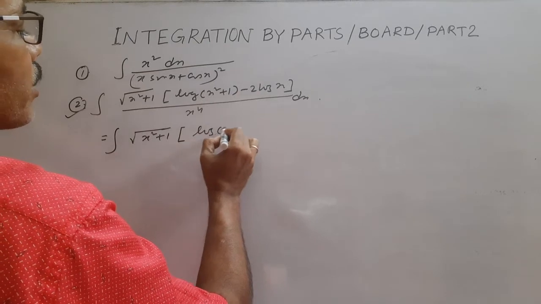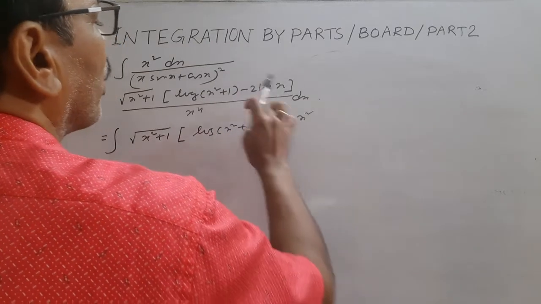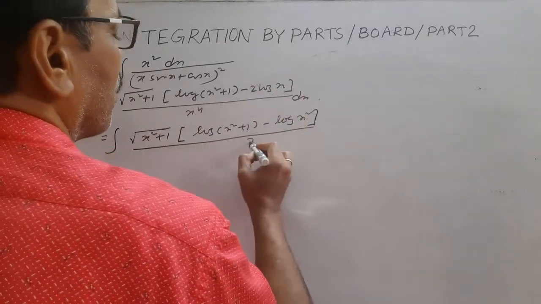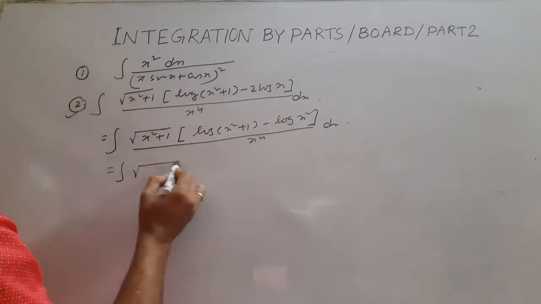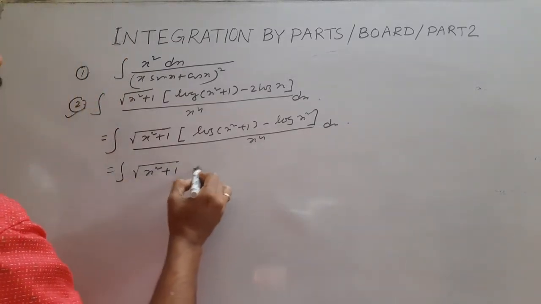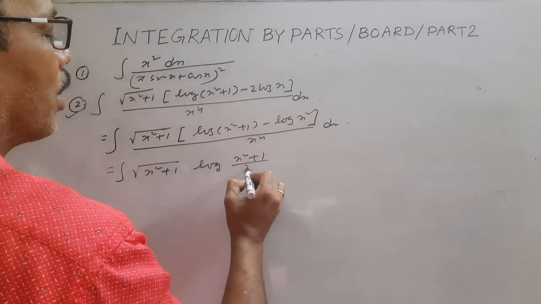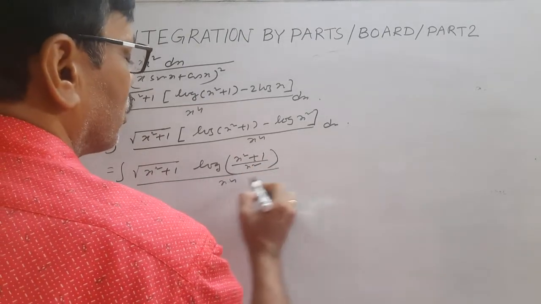So log x square plus 1 minus log x square, by x to the power 4 dx. It is root over x square plus 1 log x square plus 1 by x square, by x to the power 4 dx.